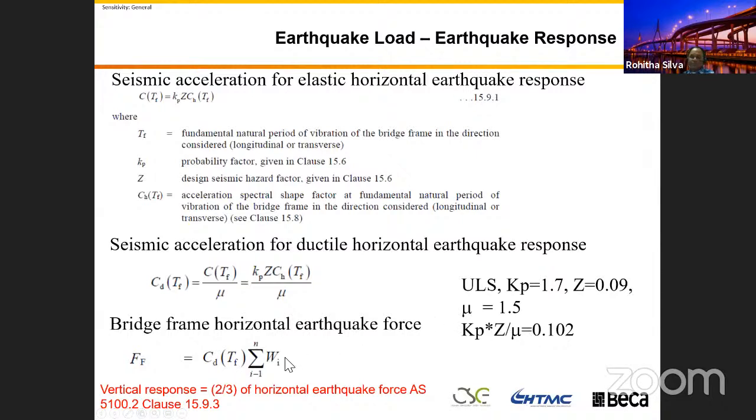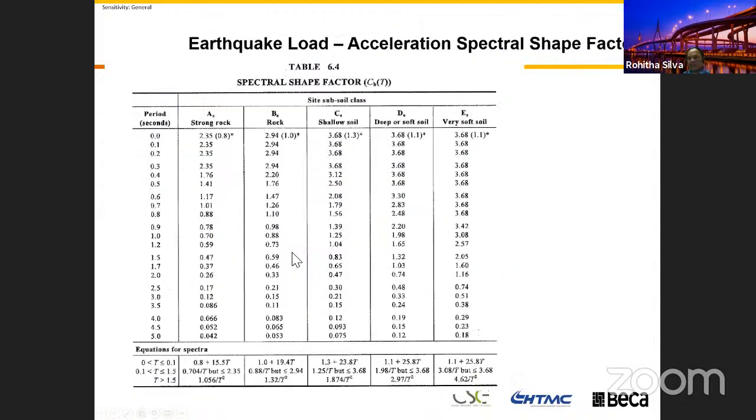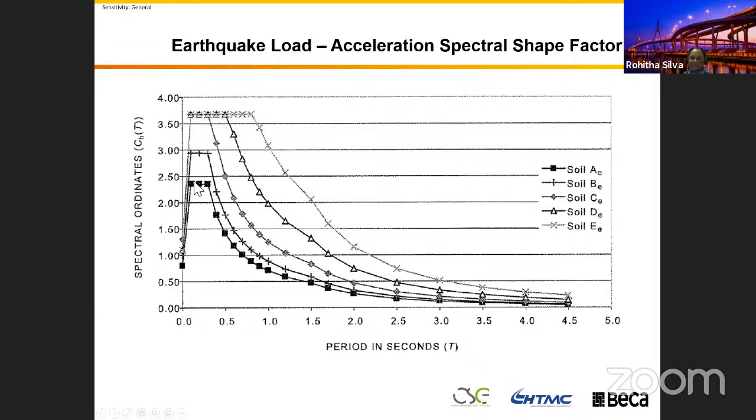If you multiply this force by the weight, you get the horizontal earthquake force on the bridge, and that will follow exactly this shape.